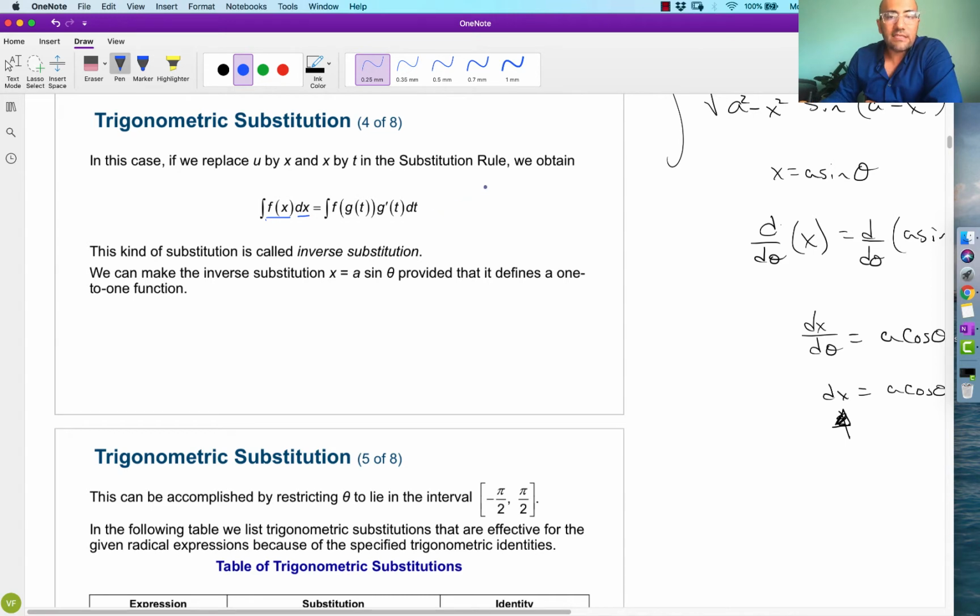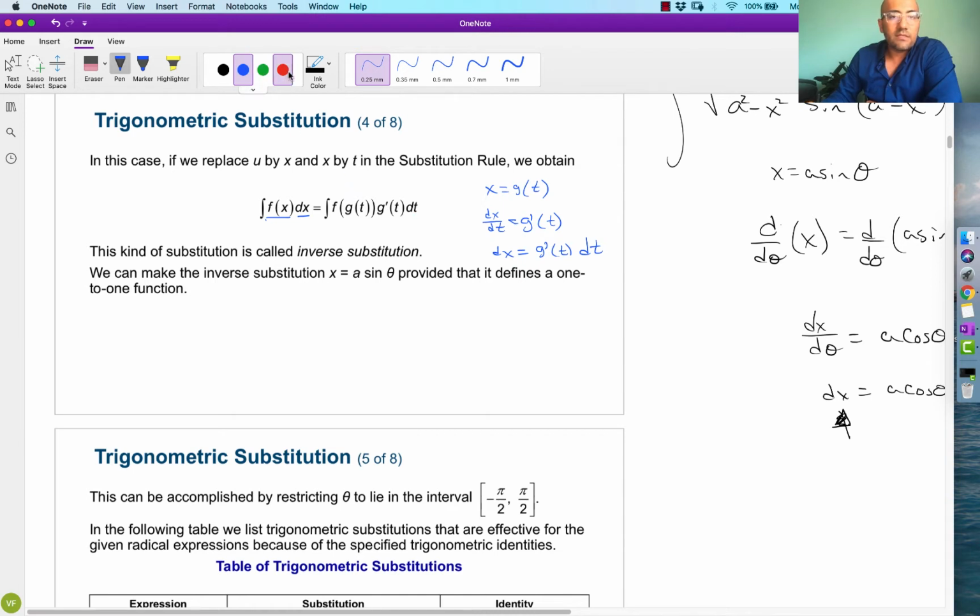We're going to let x equal some function of t, which means that dx/dt is going to be equal to g prime of t, the derivative of this g function, assuming it exists. Therefore, my dx is going to be equal to g prime of t times dt. So my dx becomes g prime t dt.